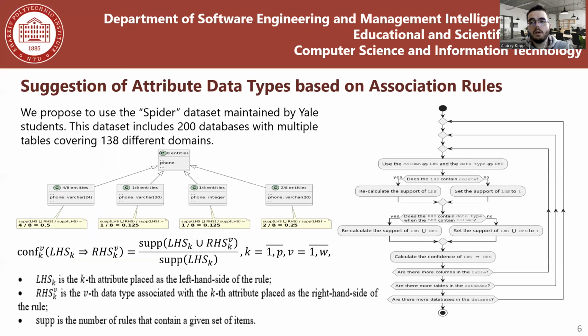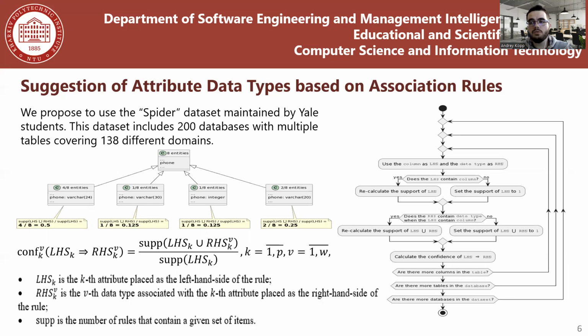Then, having the data model, we need to get the proper data types, and we propose here to use the Spider data set maintained by Yale students and personnel. This data set includes about 200 databases with multiple tables that cover 138 different domains, different industries.